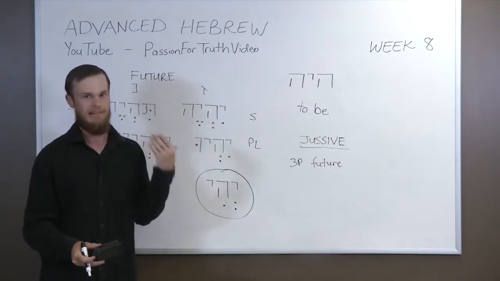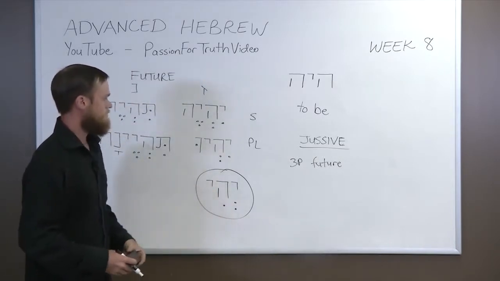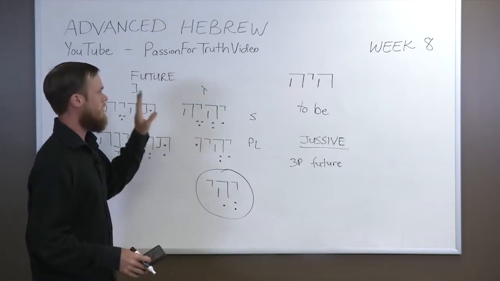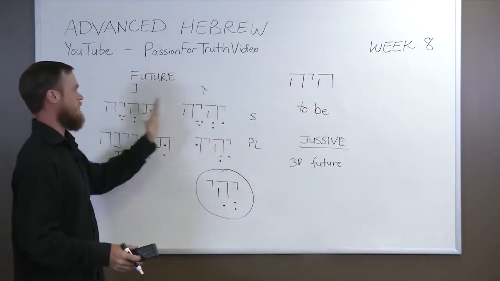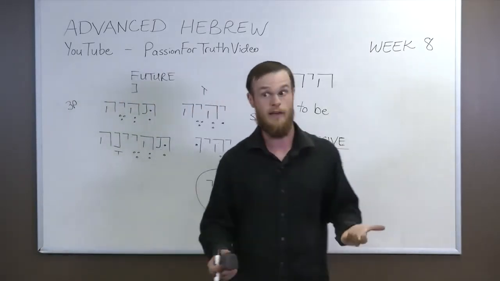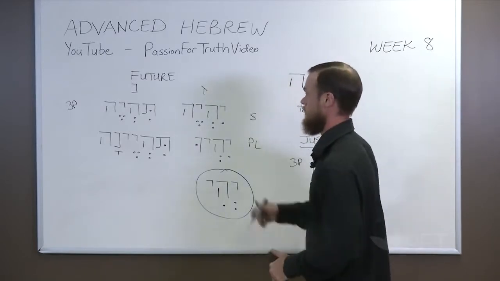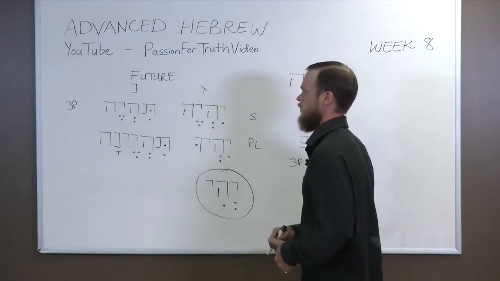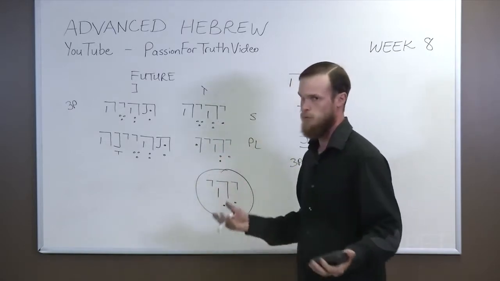Yehi means let him be, or let it be. Because particularly with haya, this business of gender doesn't always so much apply to people as it does to words that have either a masculine or feminine gender. So let him be could very well be rendered let it be. He will be, it will be.